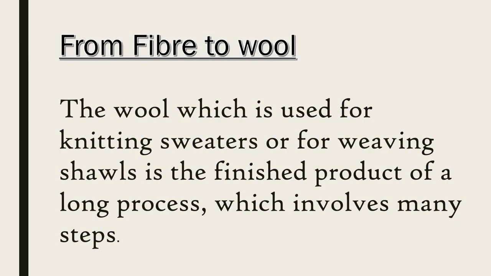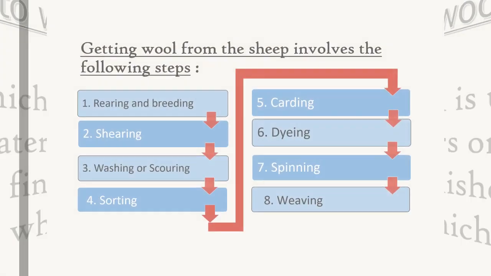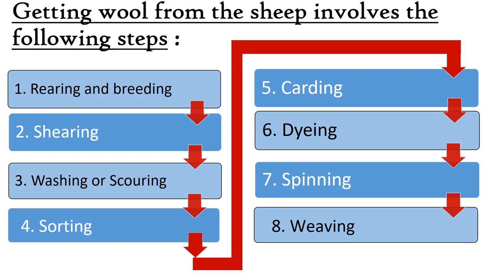Let's start from fiber to wool. The wool, which is used for knitting sweaters or for weaving shawls, is the finished product of a long process which involves many steps. Let's have a quick look at the different steps which are involved in getting wool from sheep.